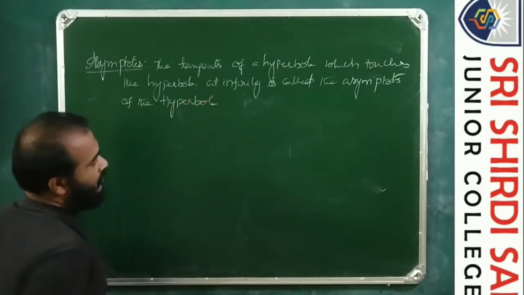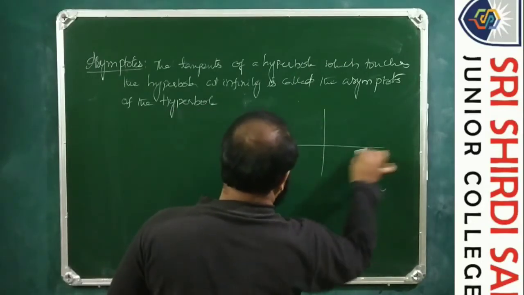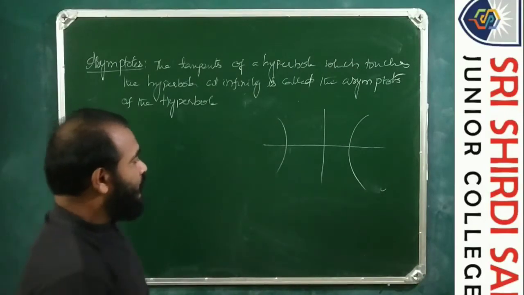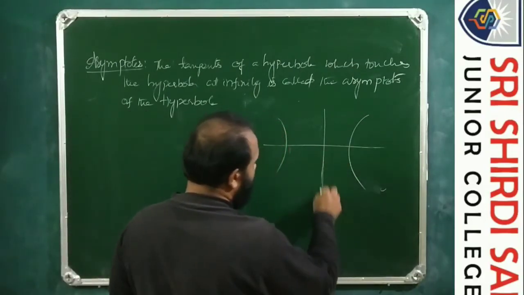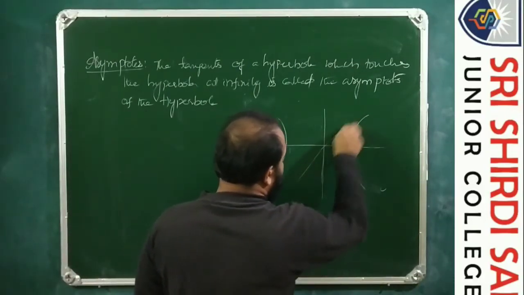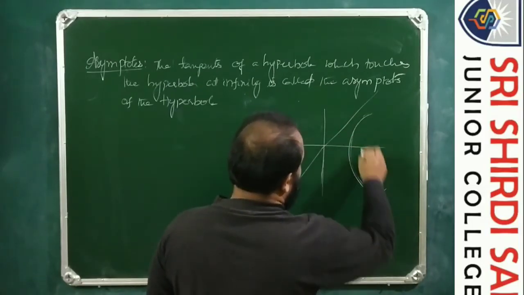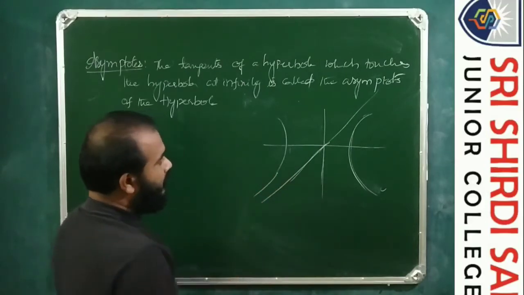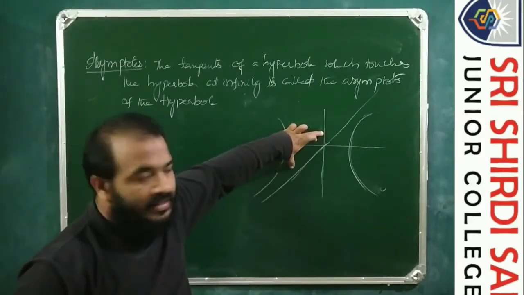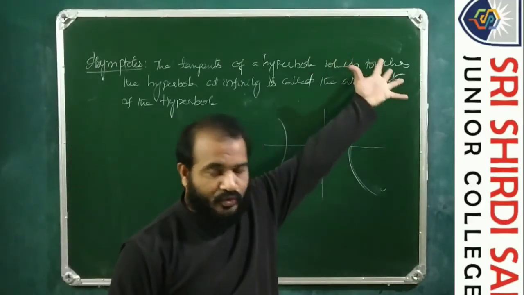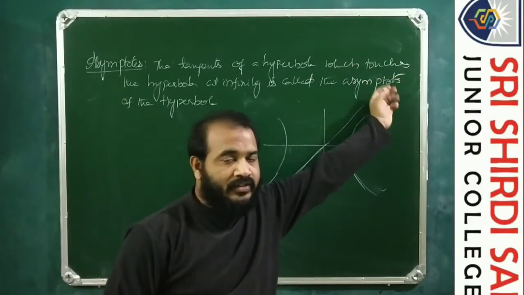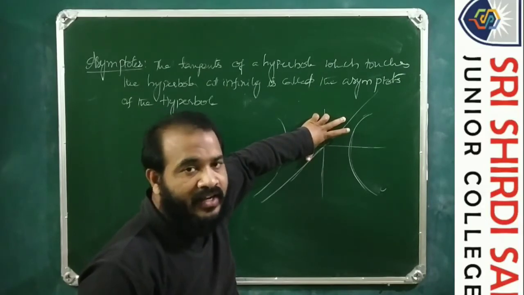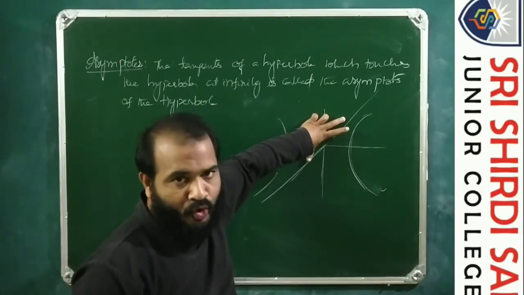That means, let us suppose that this is the hyperbola, and let us suppose that this is the tangent to the hyperbola. So this tangent touches this hyperbola at an infinite point. So such a straight line is said to be the asymptote.